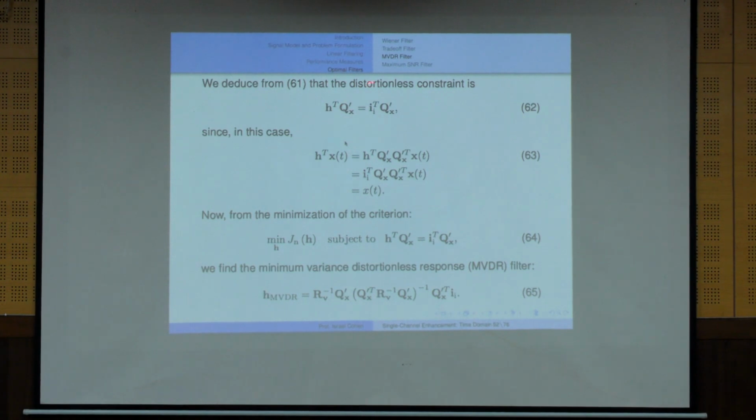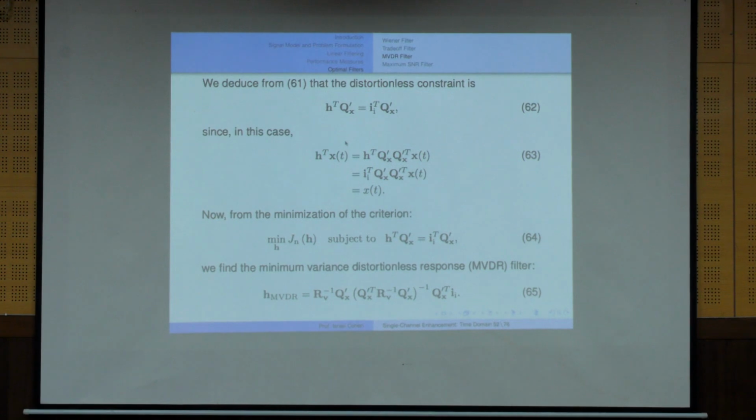It's as if you take H transpose and apply it to the matrix Qx prime. Qx prime contains only the first P eigenvectors. So it's just like taking the vector 1 and all zeros. It's the same as taking I and 1 and all zeros, and you apply it to the same matrix.